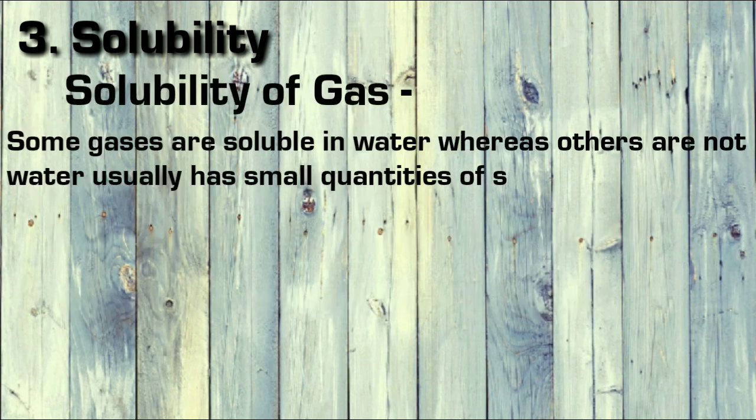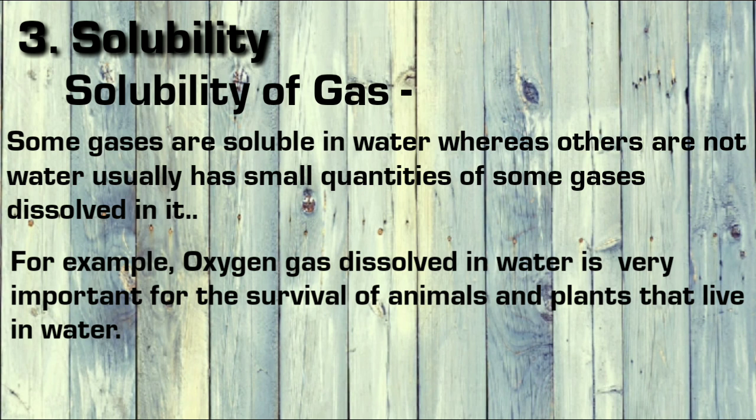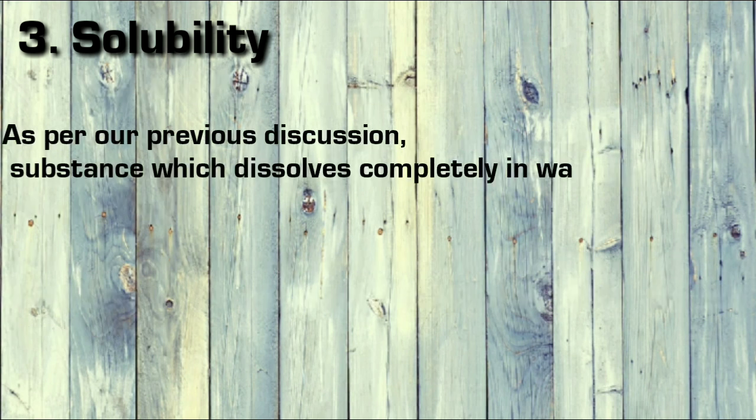Then come to gas. Some gases are soluble in water whereas others are not. Water usually has small quantities of some gases dissolved in it. For example, oxygen gas dissolved in water is very important for the survival of animals and plants that live in water.